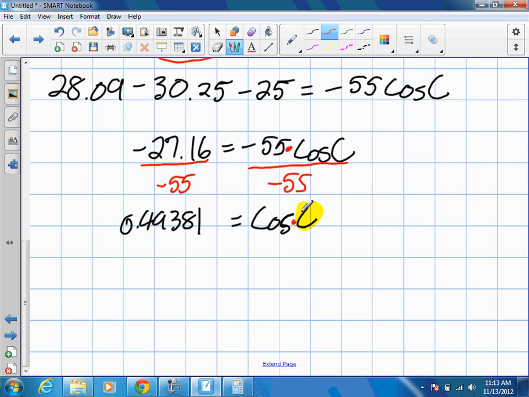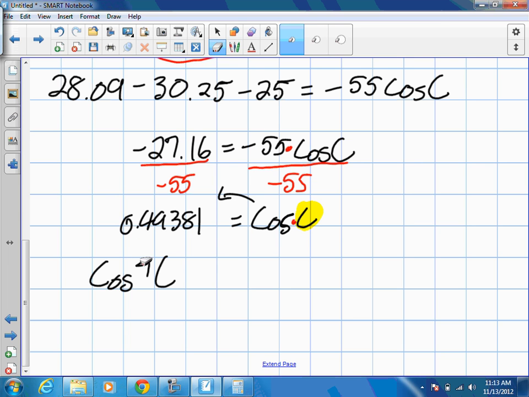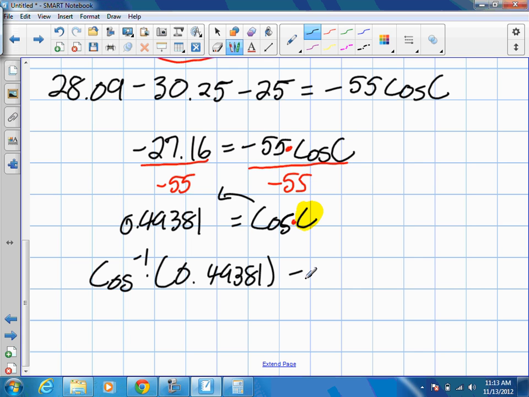The second function. It's called cos inverse. So think of it like we're moving cos over, and it becomes cos inverse, the negative 1 power. Okay. Cos inverse of 0.49381 is equal to angle C.